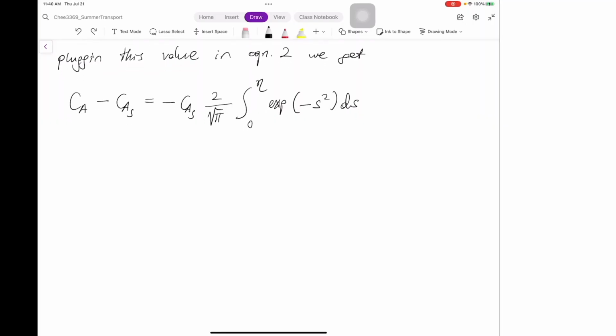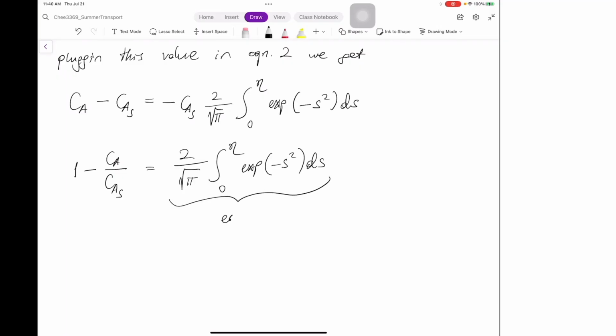If you divide both sides by negative CAS, then you get 1 minus CA over CAS equal to 2 over square root of pi times the integral of exponential negative S squared dS. And this is what we call the error function of eta, if you remember.